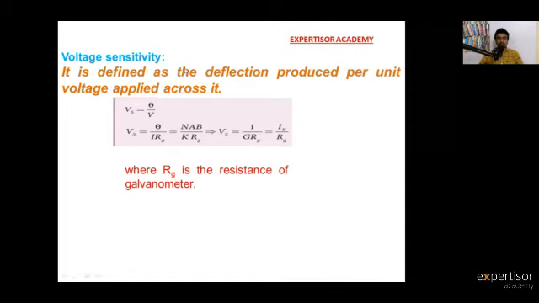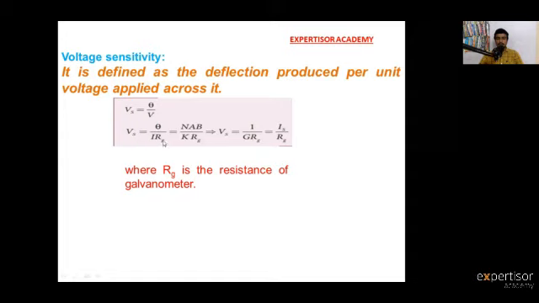See the voltage sensitivity of the galvanometer. It is defined as the deflection produced per unit voltage applied across it. So voltage sensitivity Vs is equal to theta divided by V, which is theta divided by I Rg, using Ohm's law.